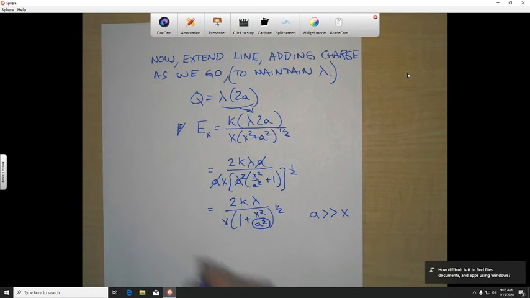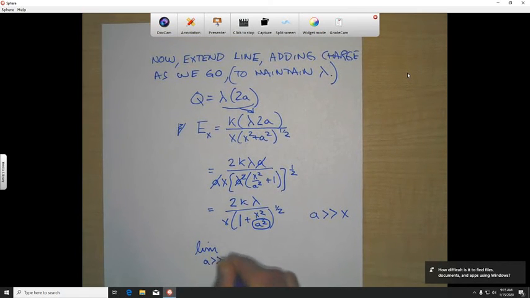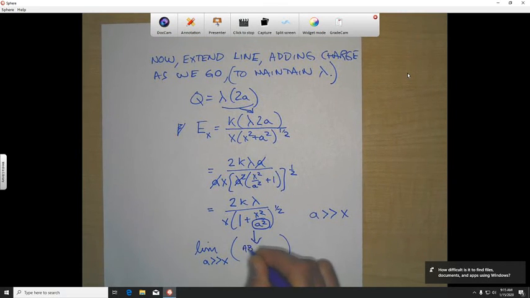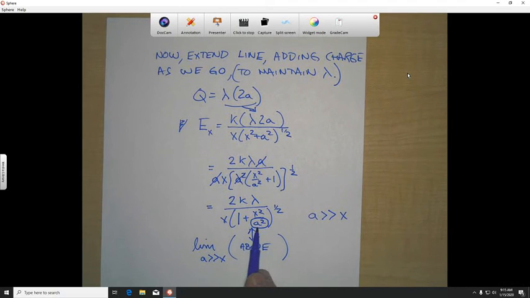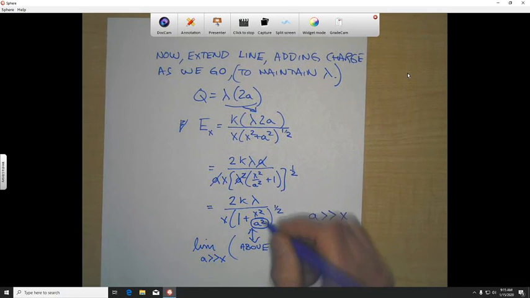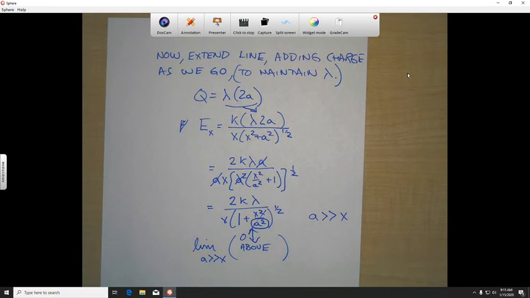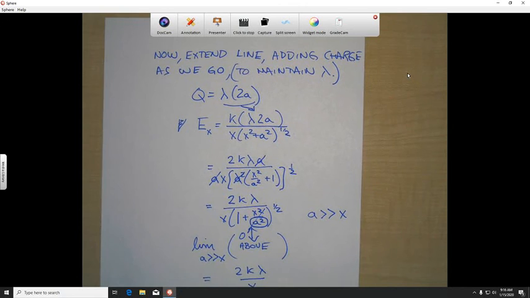So now we do a limit. Limit as a is much, much bigger than x of that expression. I'll just write it both. And what you'll find is that when a gets really big, x squared over a squared is going to become 0. Of course, 1 doesn't go away, and so what you're left with is this expression 2k lambda over x, because that x hangs around.